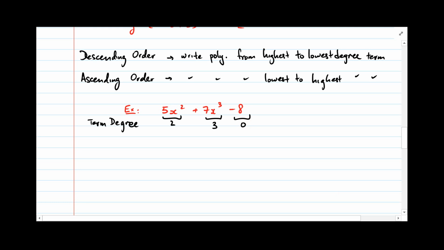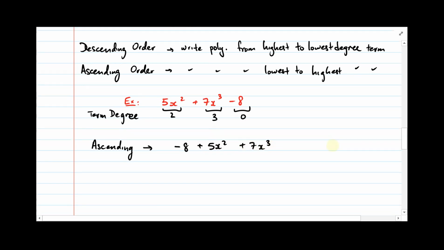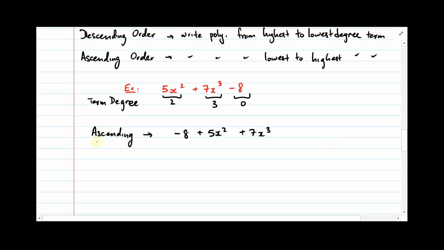If I am writing this in the ascending order, then I start from the lowest to the highest. So it becomes minus 8 plus 5x squared plus 7x cubed. And if I now decided to write this in descending order, it's just the opposite way to the ascending.